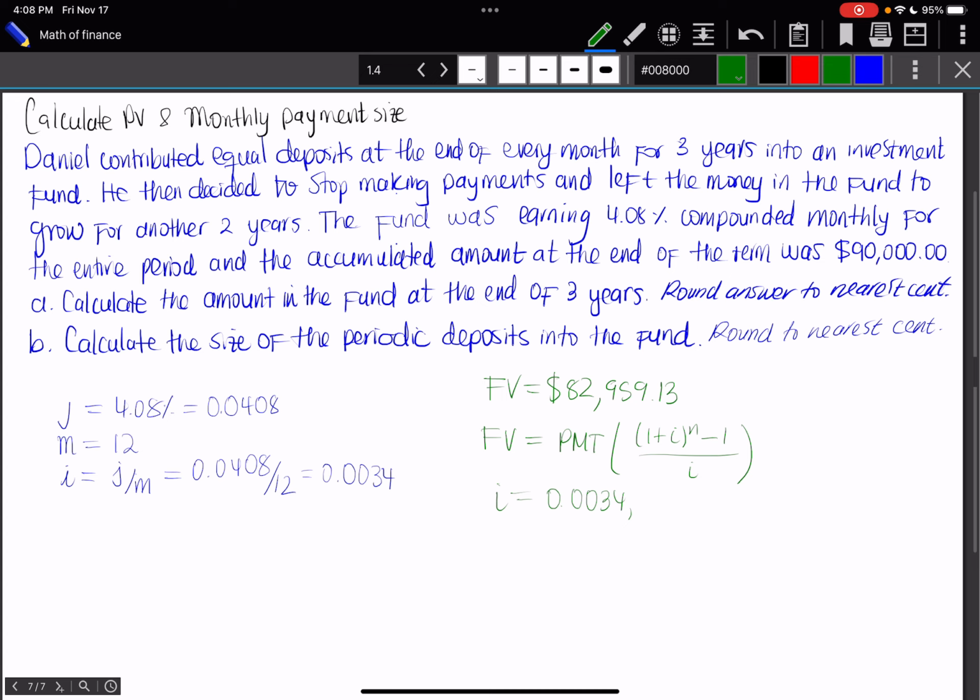Because payments are made every month for 3 years, n equals 12 times 3, which is 36.